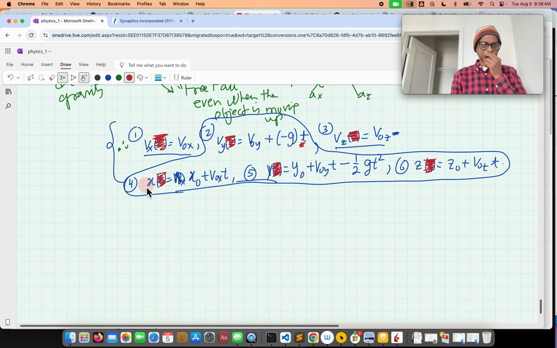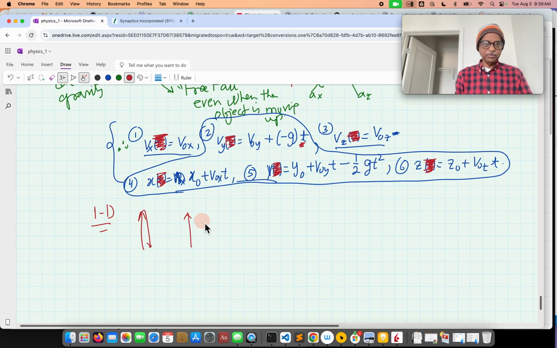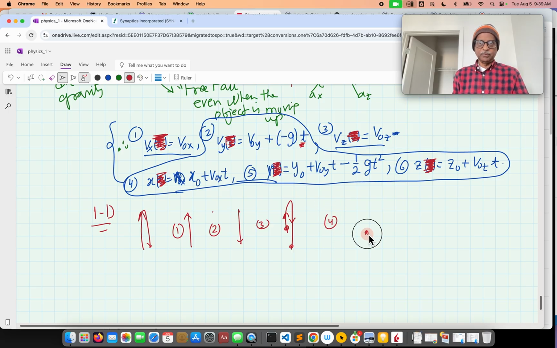Because x and z are 0 for 1D, it can be just going up or coming down. One kind of motion is just falling, another kind is you go up, start here but end here, or start here but end here.